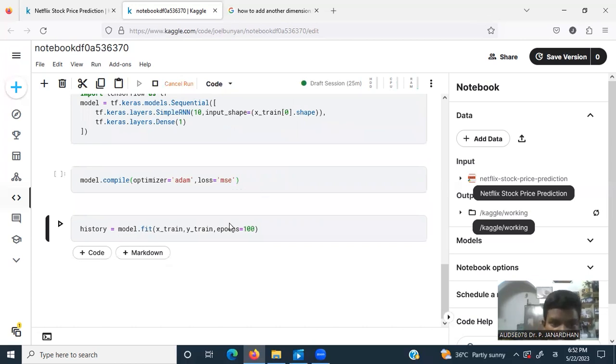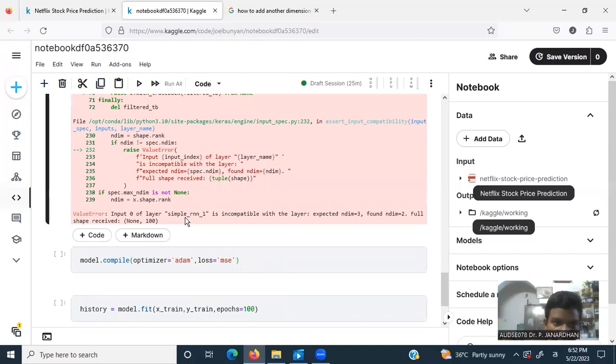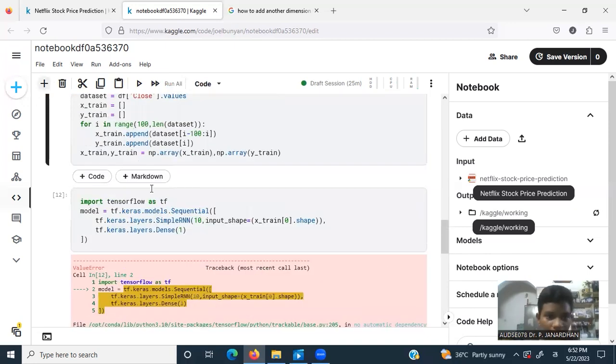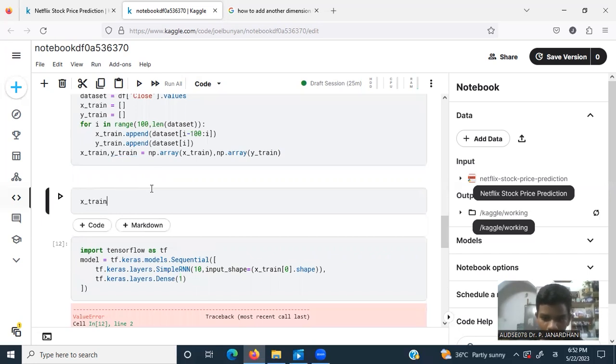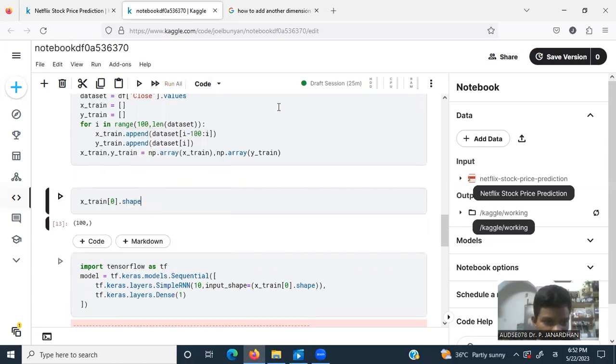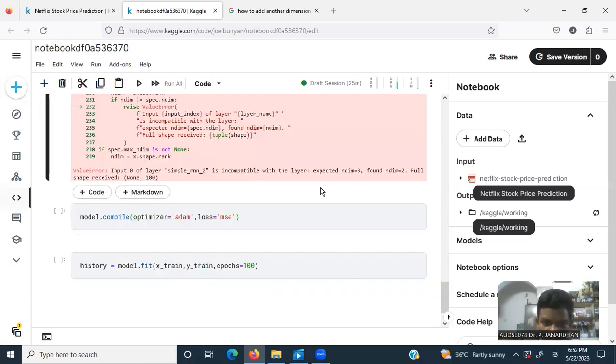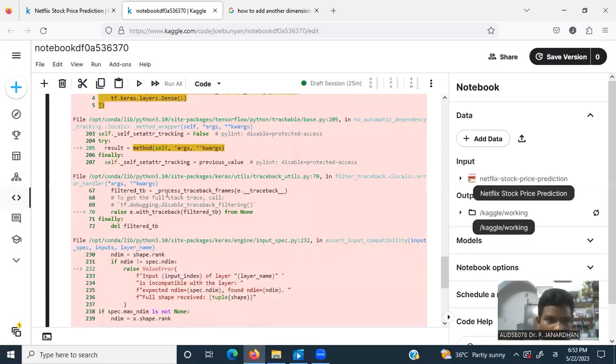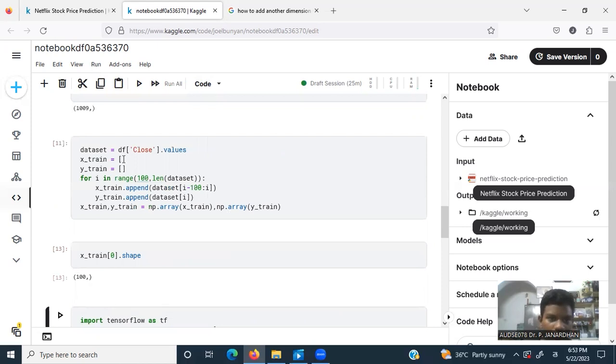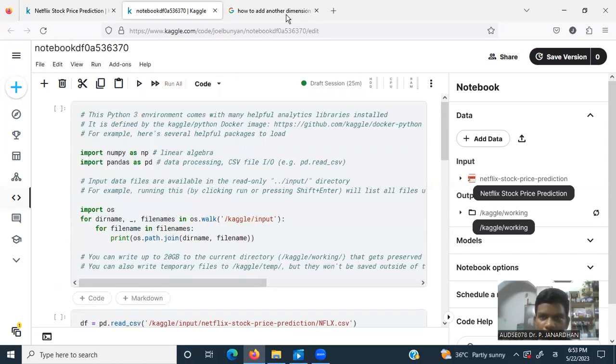Okay, again, what is X_train[0].shape? It is actually 100 comma 100. Let's do it one more time, and if it doesn't work, we'll stop.